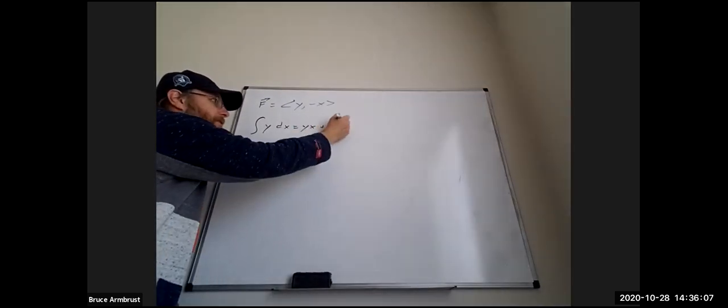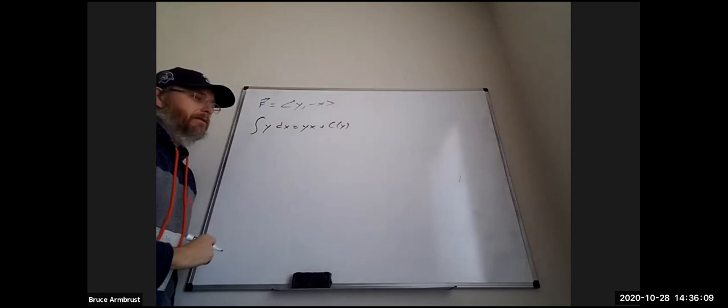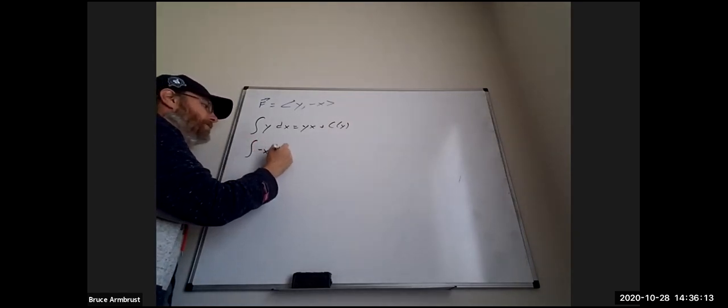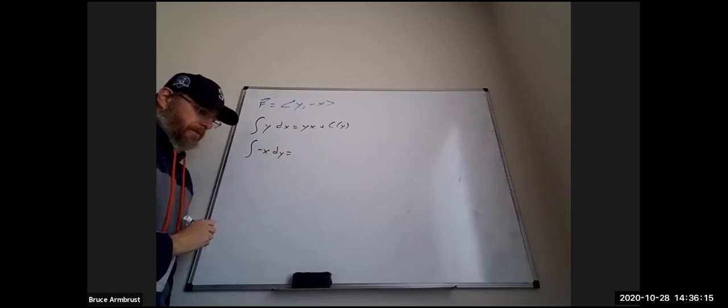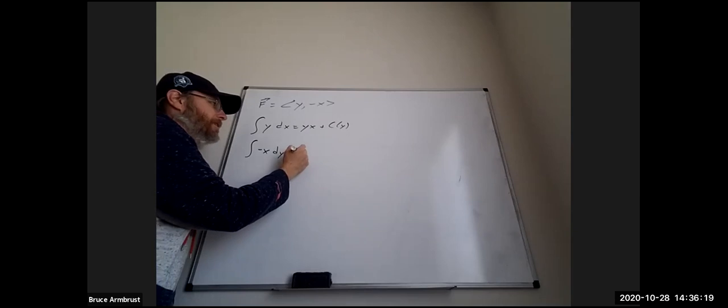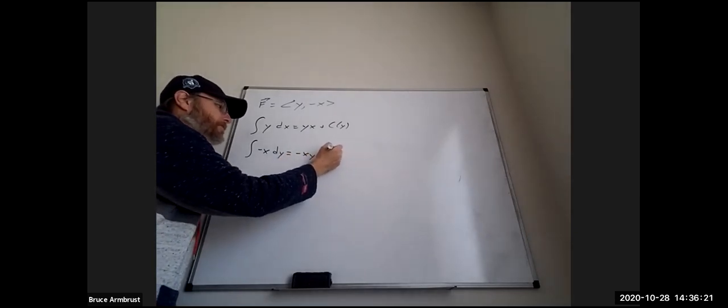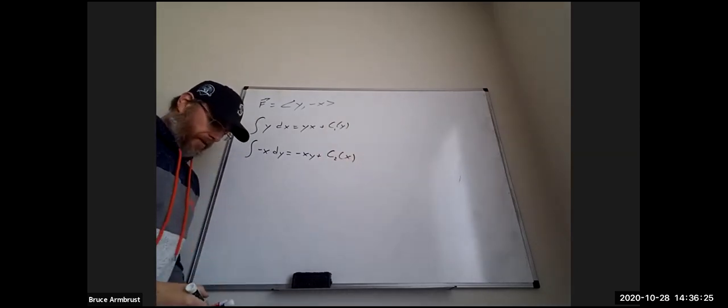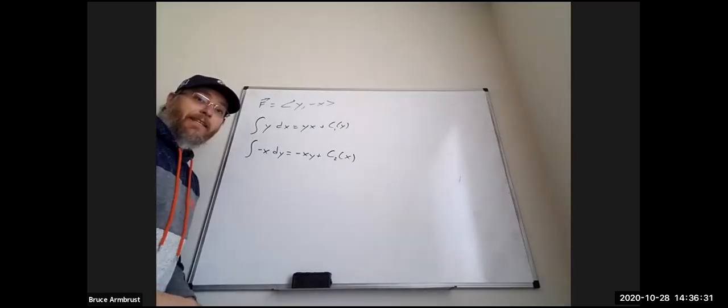Obviously, there can be some function that's only in terms of y. All right, so we integrate minus x with respect to y. Well, that's minus xy, and then of course we can have some function that's only in terms of x. So think about what our next step is.